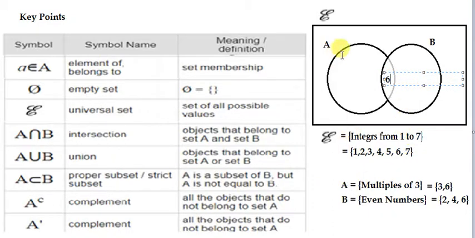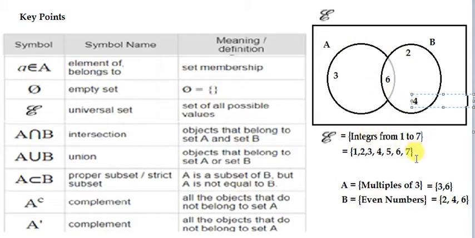Going back to set A, we have got 3 and 6. 6 is already included, so 3 will be somewhere here. Going back to set B, 2, 4 and 6. 6 is included, so we are left with 2 and 4. That is all about set A and B.